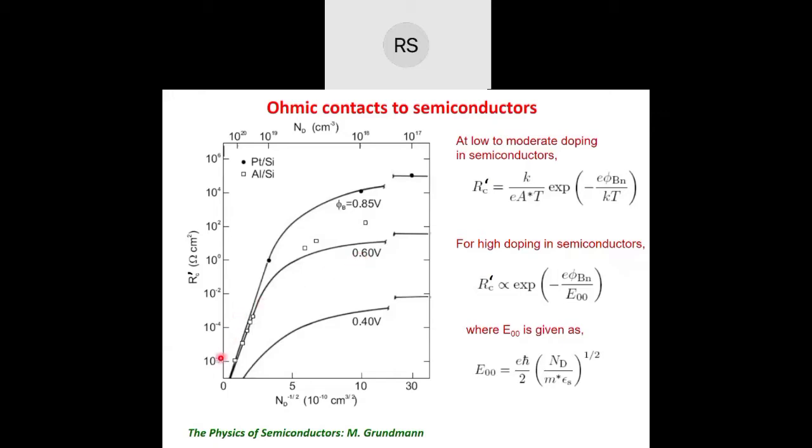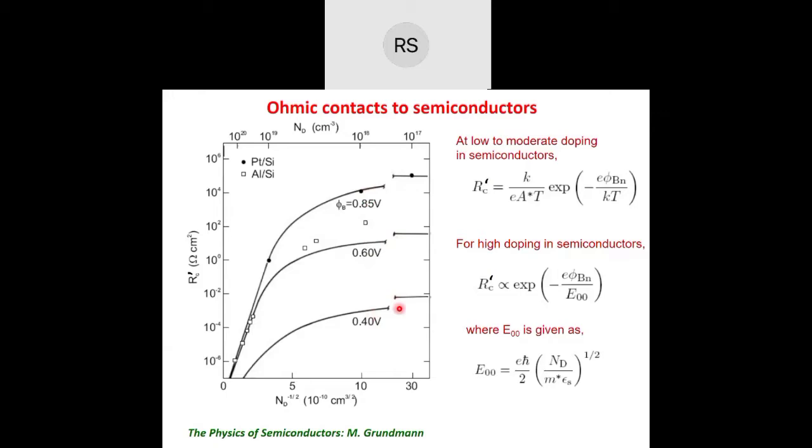You can see it goes from 10 to the power minus 6 to 10 to the power 6. These examples are given for platinum on silicon and aluminum on silicon. If you reduce the barrier height between metal and semiconductor, 0.85, 0.6, 0.4, you drastically reduce the specific contact resistance.